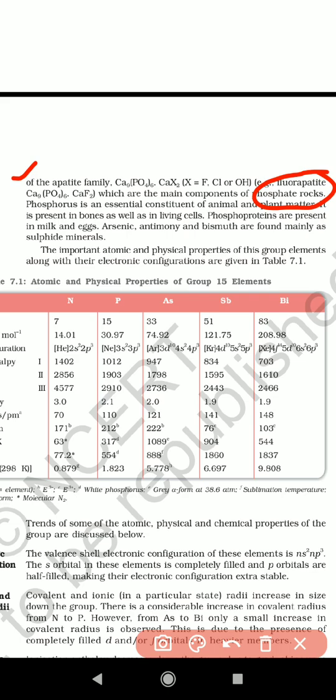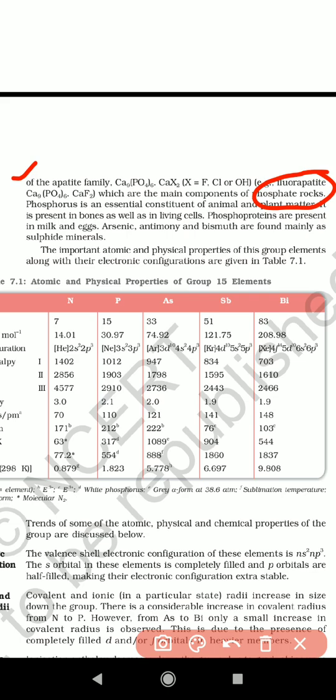Phosphorus is an essential constituent of animal and plant matter. It is present in bones as well as in living cells. Phosphorus proteins are present in milk and eggs.